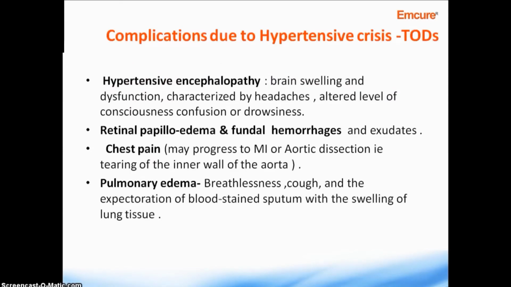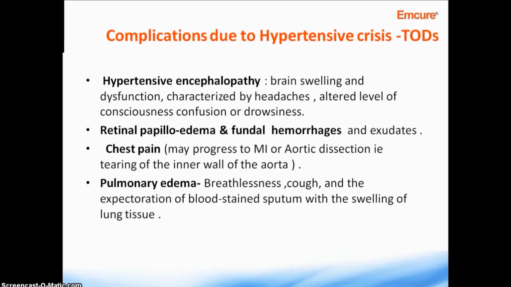Well, there can be many complications due to hypertensive crisis, and they are called TODs. TOD stands for target organ damage. So you can have damage to the brain, which is called hypertensive encephalopathy. You can have damage to your eyes, which leads to retinal papilledema and fundal hemorrhages with exudates. Of course, chest pain, which may lead to myocardial infarction, aortic dissection, or angina.